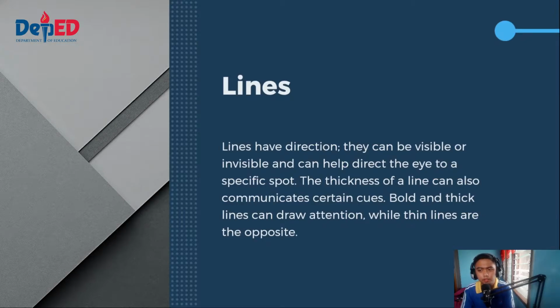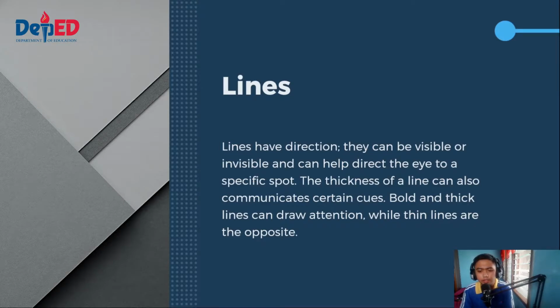Perspective has invisible lines that guide you as the illustrator to make adjustments on your drawing so that it would be realistic, specifically when you're drawing in isometric, in 1 point perspective, or in 2 point or more points in your perspective. So that is invisible, while visible lines are those you are drawing.